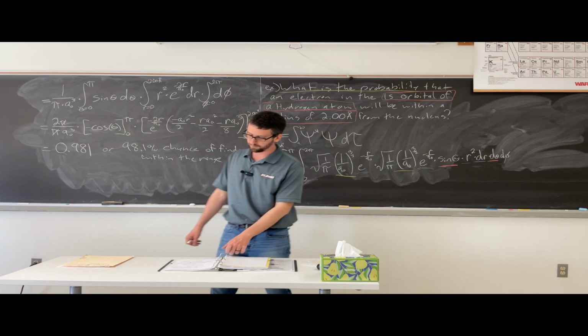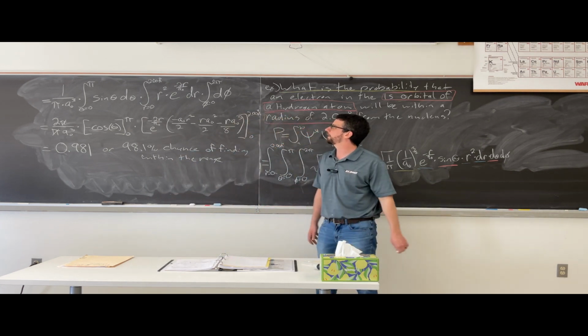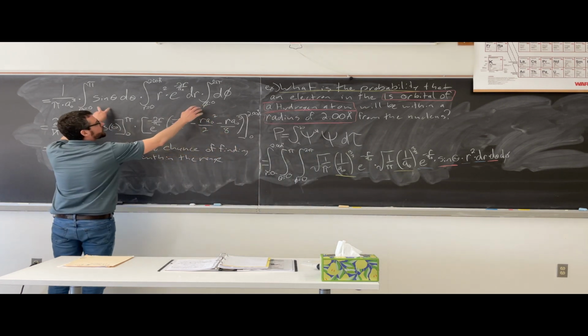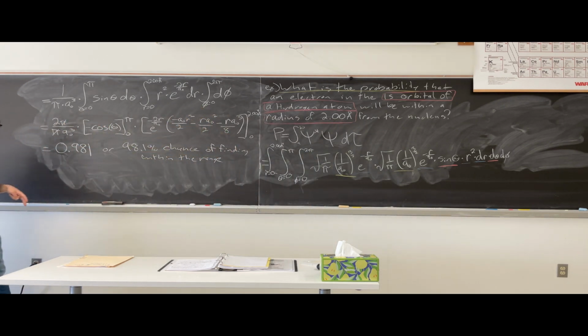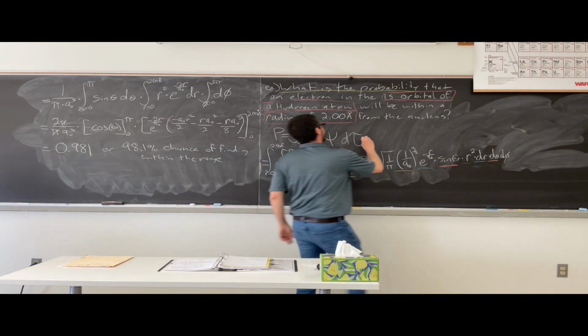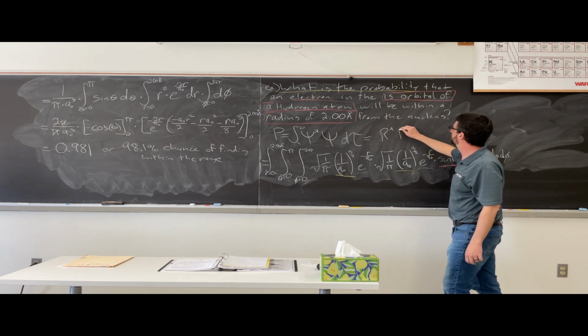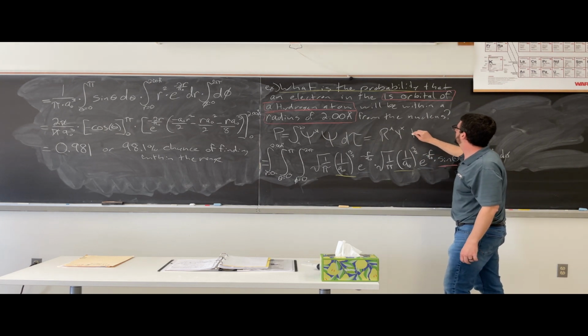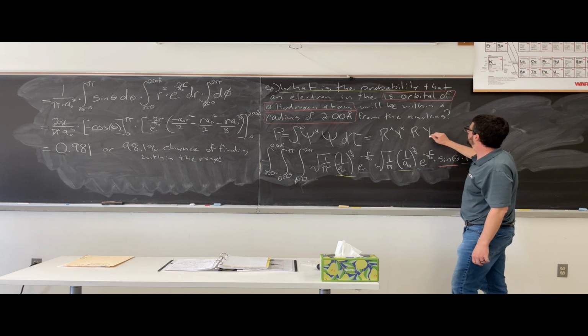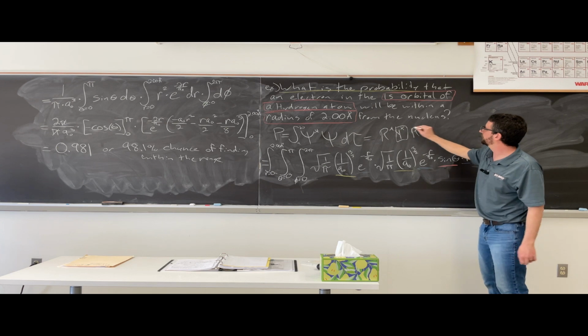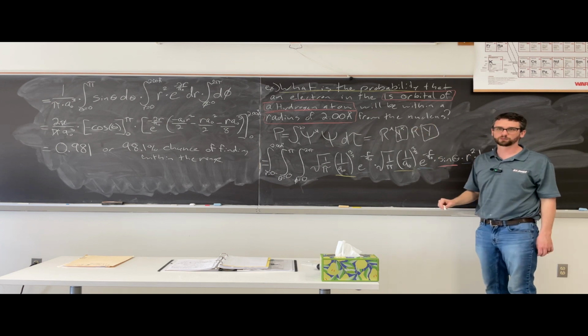There's a little cheaper, easier way we could have gotten around this too. These terms are normalized, so we could have split it into the radial parts, and we could have written it kind of like R star, Y star, R, Y with some integrals. And we know we're only changing the radial part.